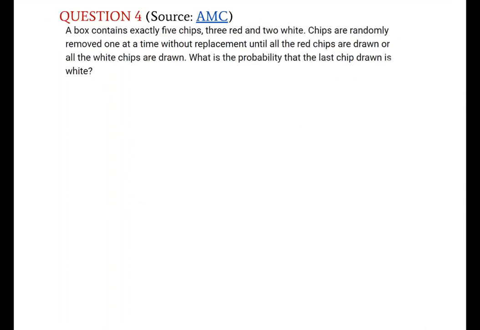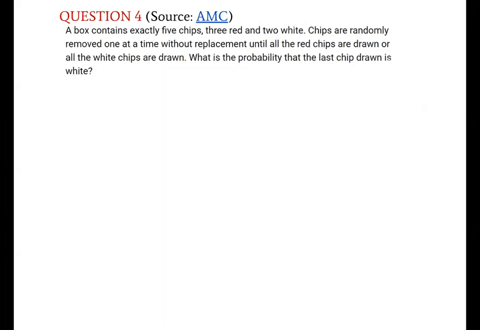Question 4. This may have been a bit harder. Okay, so let's just assume that we don't stop picking until all the chips are drawn.